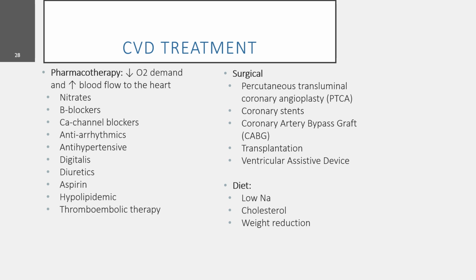There are a number of different medications used, including nitrates, beta blockers, calcium channel blockers, diuretics, and aspirin. There are also surgical interventions: percutaneous transluminal coronary angioplasty, PTCA, coronary stents, coronary artery bypass graft or CABG, transplantation, or ventricular assistive device. Also, a diet with low sodium, cholesterol, and weight reduction.